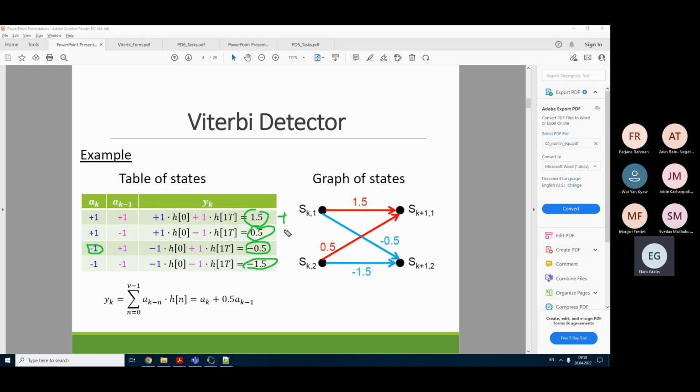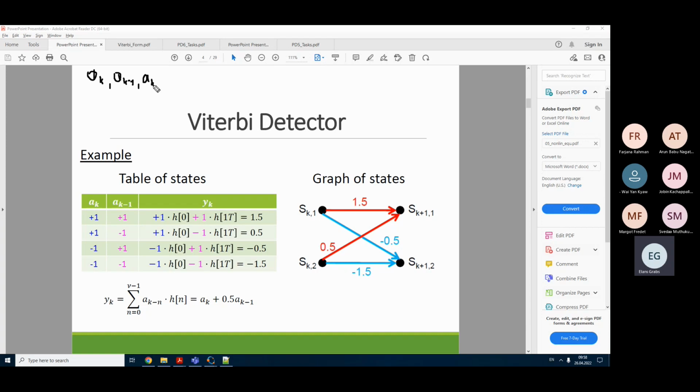Here we have plus, here we have minus, and this accordingly matches. However, this will not always be like this. For some impulse responses, this can be misleading and incorrect. We'll see in the practical part today if that will be the case, but at any rate, this can be difficult.